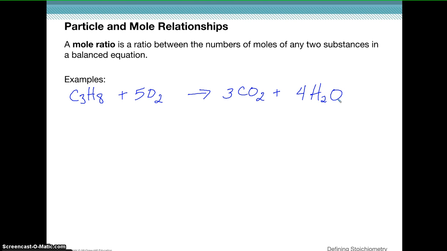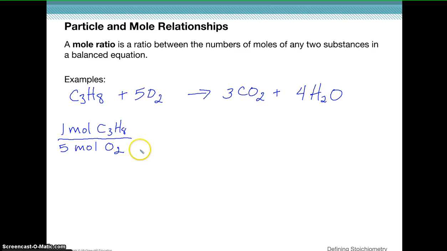When we're writing mole ratios, you can take any ratio between any substances in our balanced equation. We can make a mole ratio between the two reactants, which would look like this: for every 1 mole of C3H8, we would need 5 moles of O2.